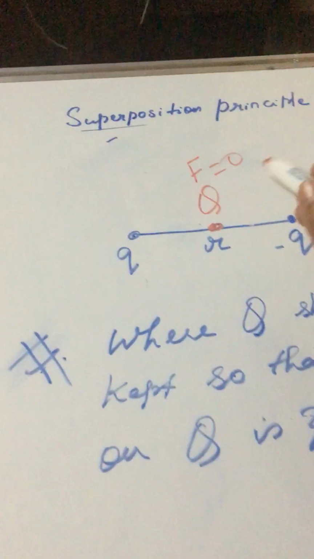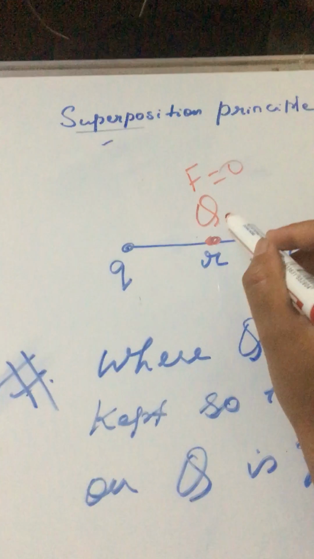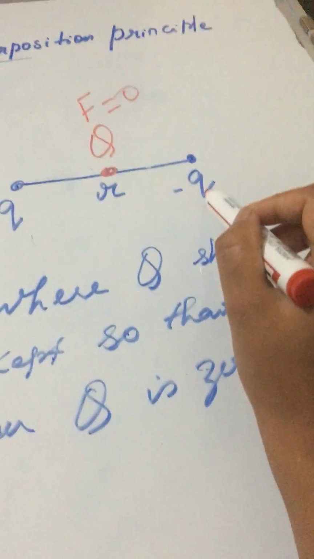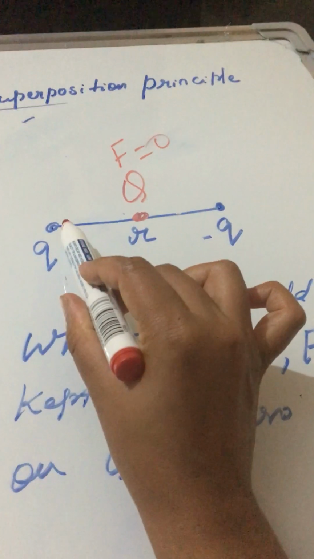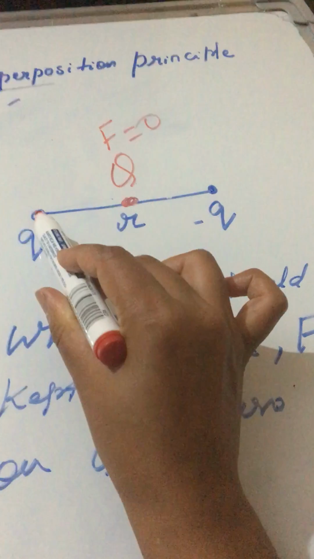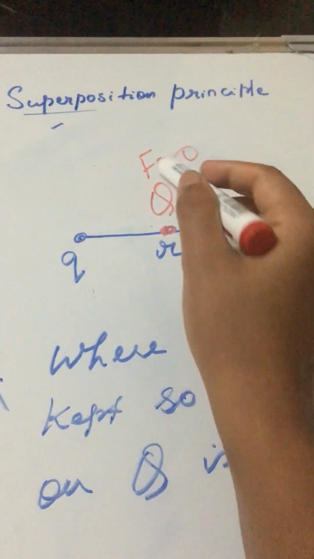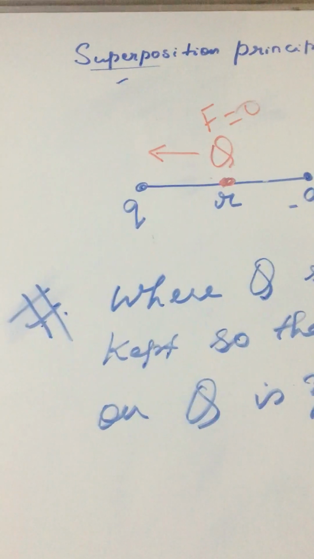Now on Q, the forces could be due to whom? Due to plus Q and due to minus Q, right or not? Due to plus Q, in what direction will Q experience the force? Along here, right?